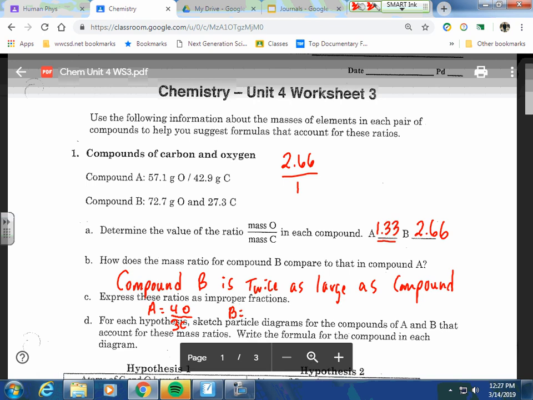So that doesn't really sound like it works, huh? What if we multiply it by 3? What is that? 7.98. So if I multiply both the top and the bottom by 3, I get 7.98 oxygen per 3C. We'll use that, which is really going to be 8. We'll round that off to 8 to 3. So we'll put that down here: 8O per 3C.